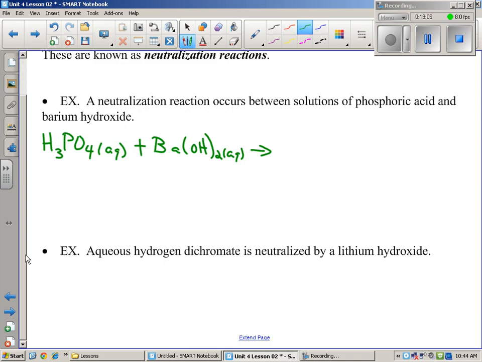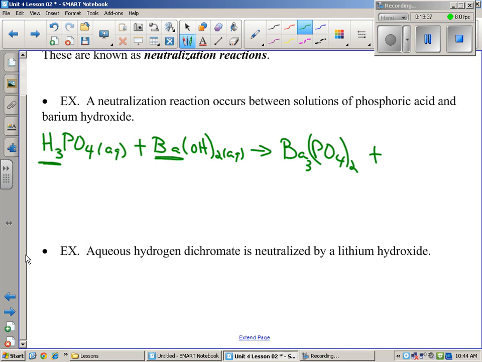What do you get as a result from mixing these two? Well, metals switch places. H plus is the metal here. Barium is the metal there. So we're going to switch them. We're going to get some barium with phosphate, 3, 2, and what else do you get? Well, once again, acid plus base equals salt, aka ionic compound, and water.